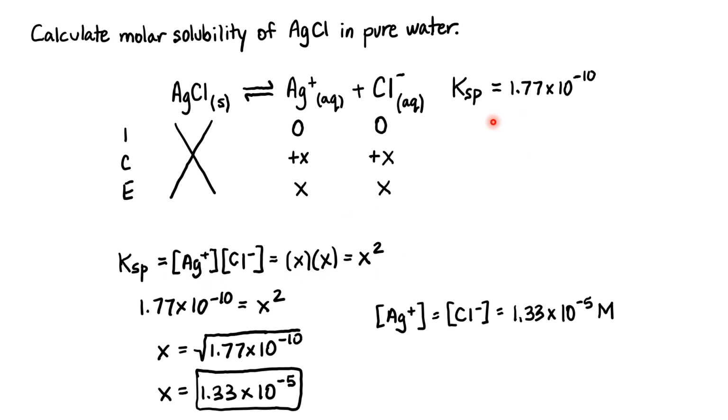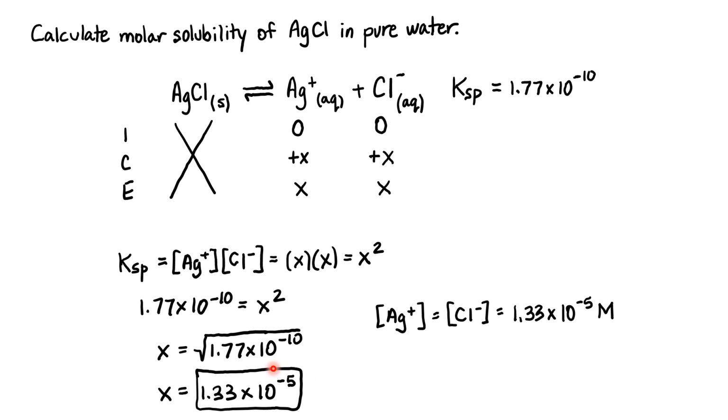And we know what KSP is. It would be given to you in the problem, to be able to solve for X. And there it is, we solve for X. It's 1.33 times 10 to the negative 5. What this is telling me is the molar solubility of silver chloride. So this is the amount of silver and chloride that is going to solubilize in solution.